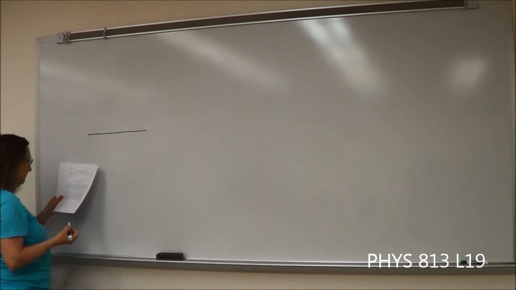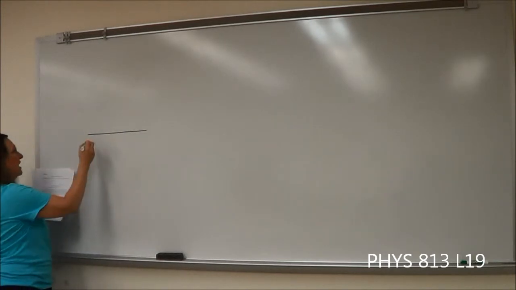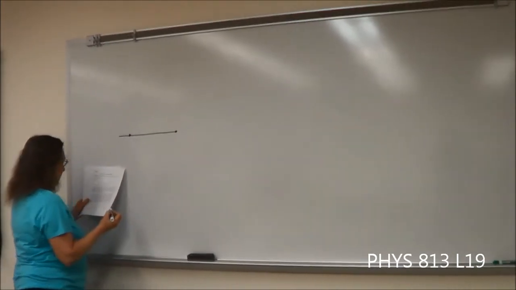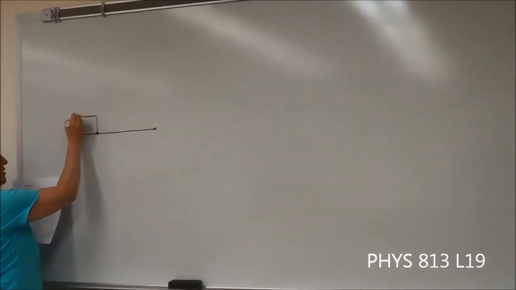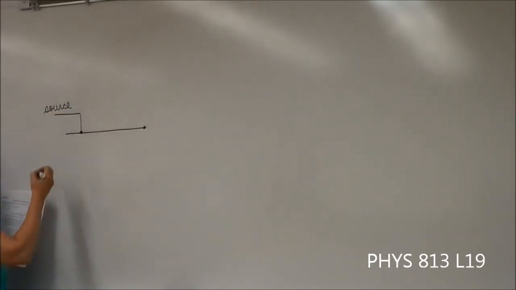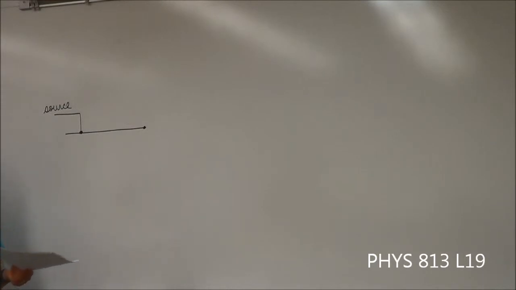So we're going to start with a line, and then we're going to put a dot here and a dot here. This is going to be called the source. Now, we had the base and emitter and collector on the other transistor.